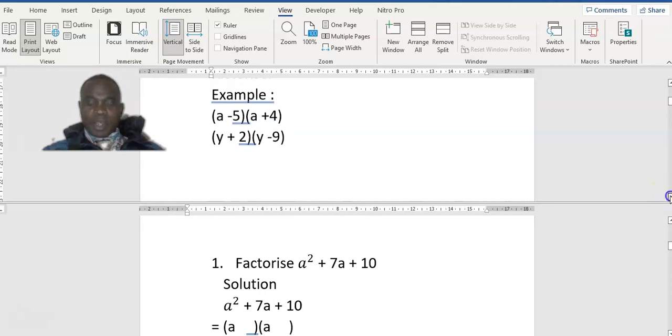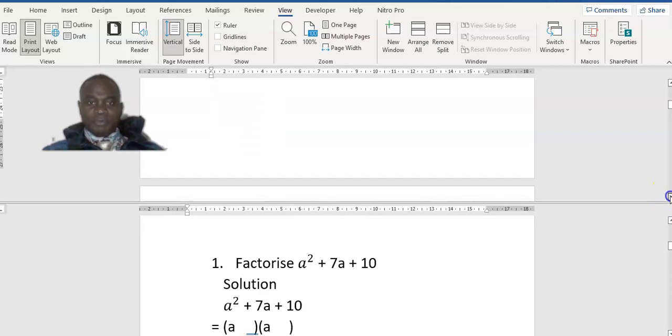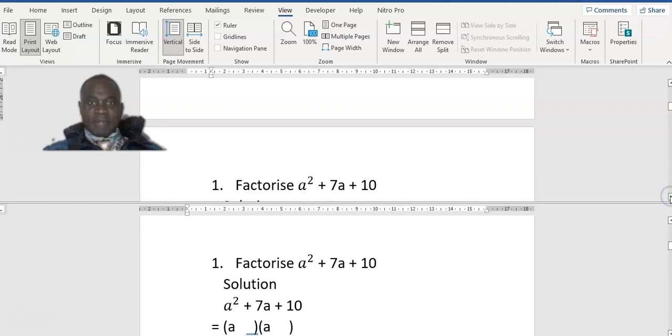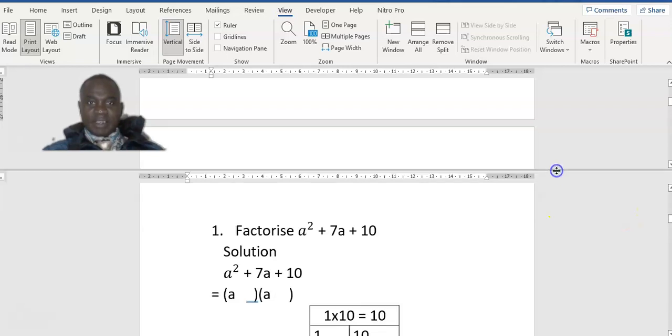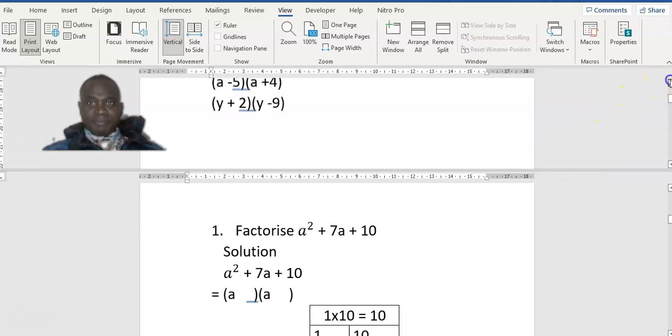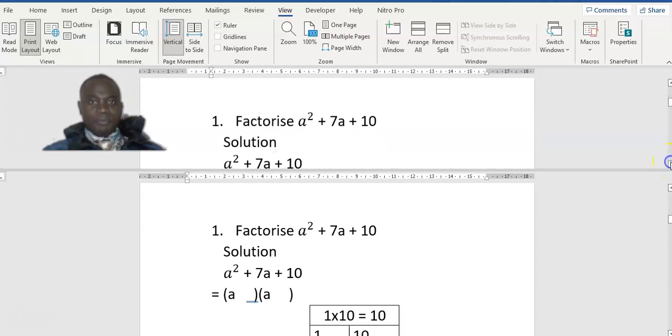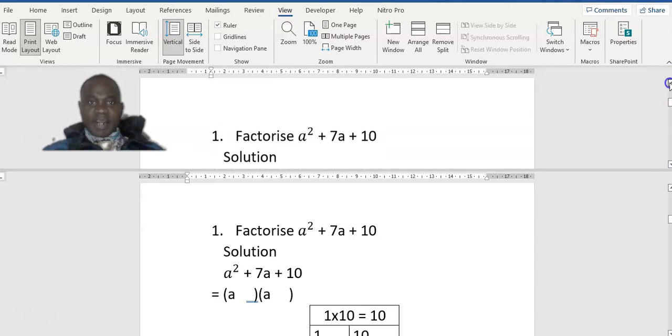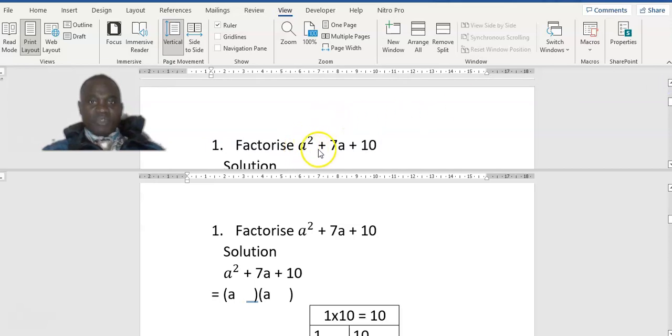I'll put my question at the top and my answers down. So this is the question, factorize. The question says factorize a squared plus 7a plus 10. Now I'm bringing the solution below here.